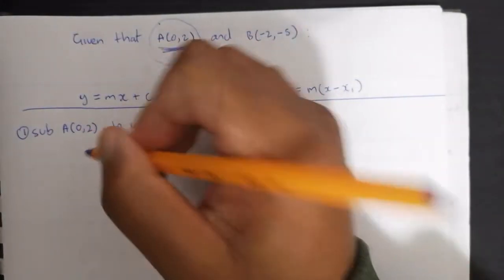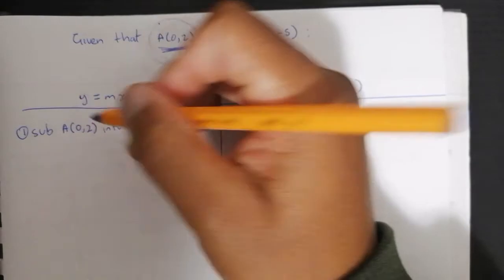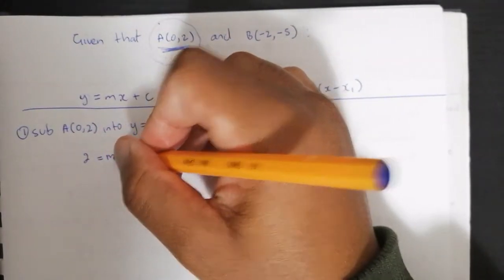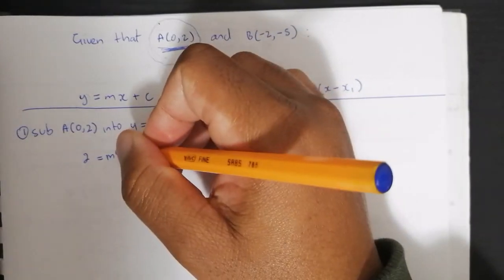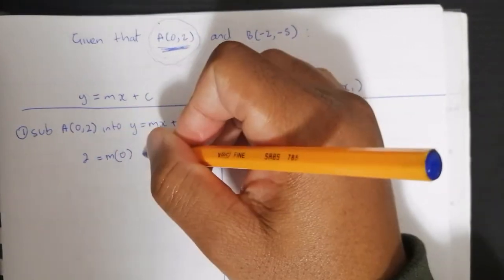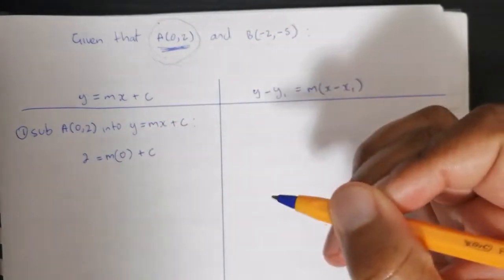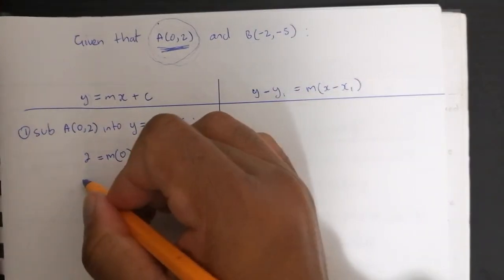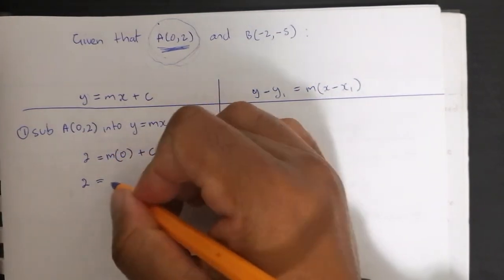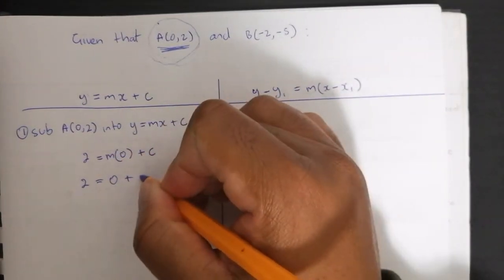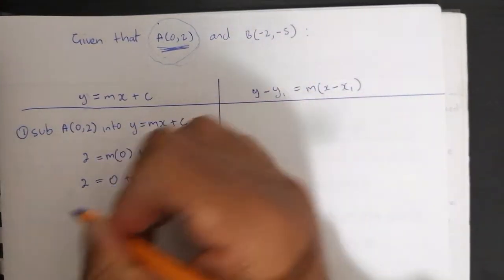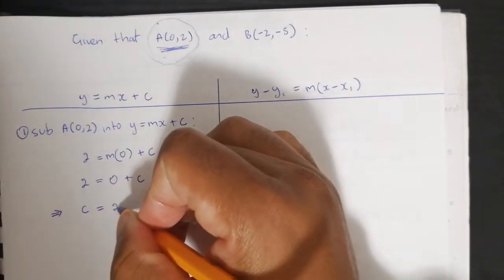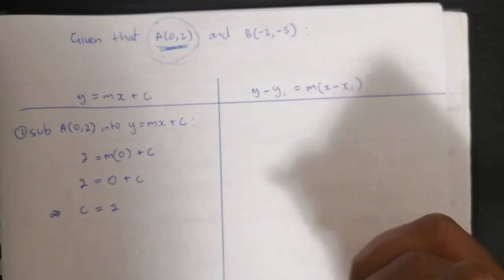And that gives us, for y, we have 2 equals m, and then for x, we substitute 0, plus c. And then we know that any value times 0 is 0, plus c, which basically gives us c equals 2.